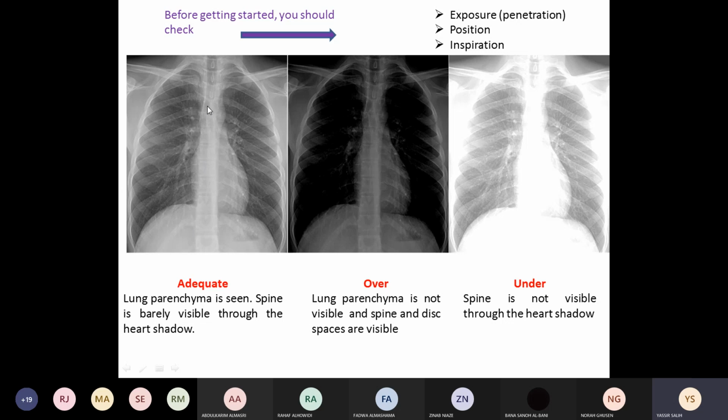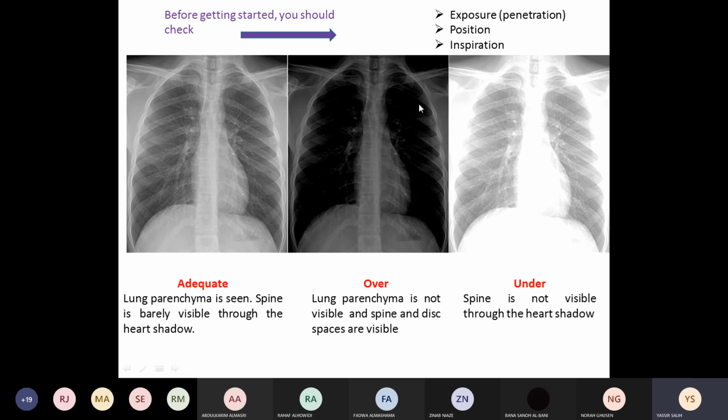If you look at the spine behind the heart on all these films, in this one you can see the spine and intervertebral discs. The intervertebral discs and vertebrae are just visible, you see them faintly. So this means this is an adequate film. This patient received the optimum amount of radiation, and so the result is a very good quality chest X-ray.